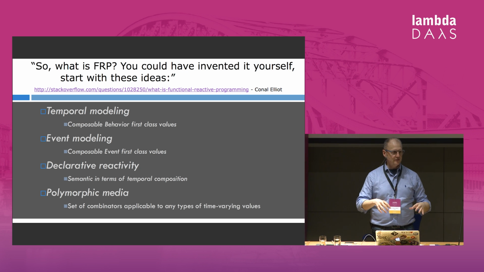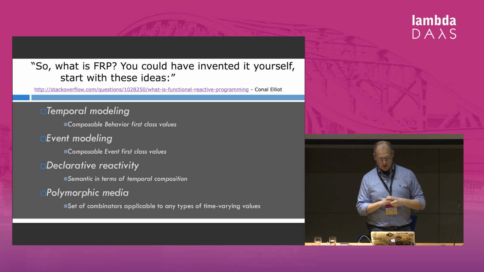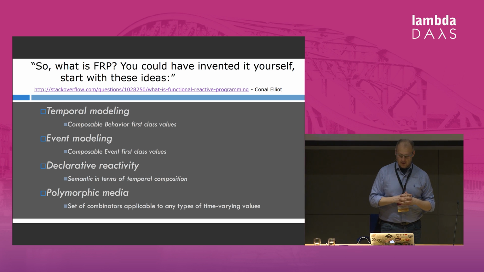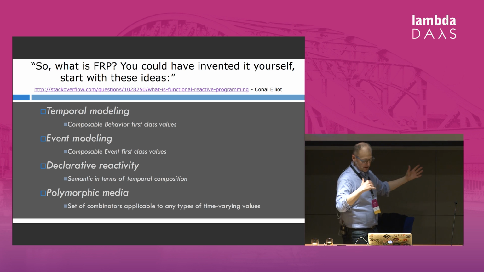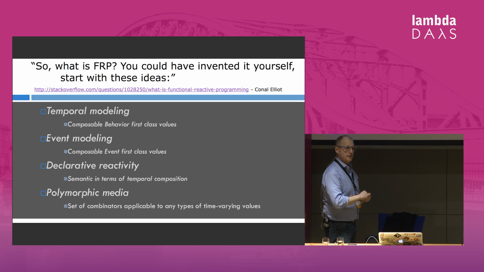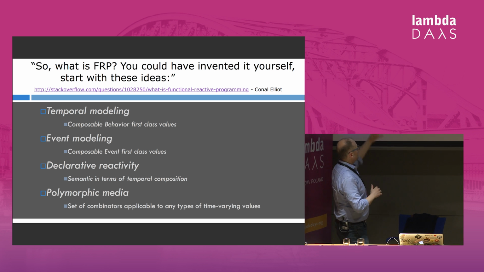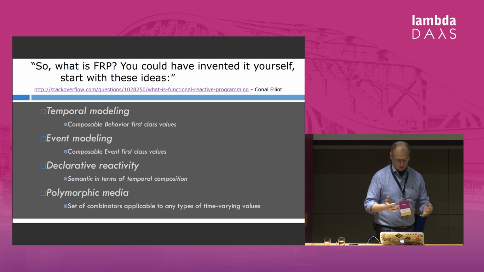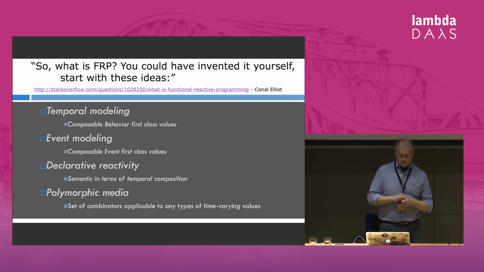So we have beautiful semantics, we have behavior, really a function from time to value. You can express programs with equational reasoning and with events, but still, it's not simple. So to summarize pretty much what we saw so far and how we answer this Stack Overflow question, these are the 4 main points to implement FRP, which is temporal modeling, which is the behavior aspect, which is first class.